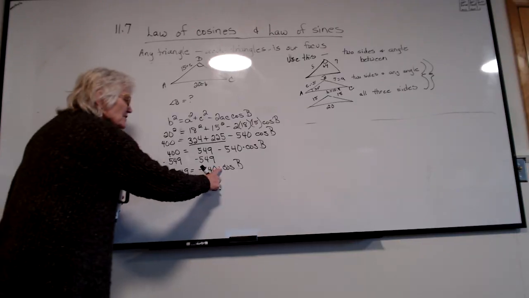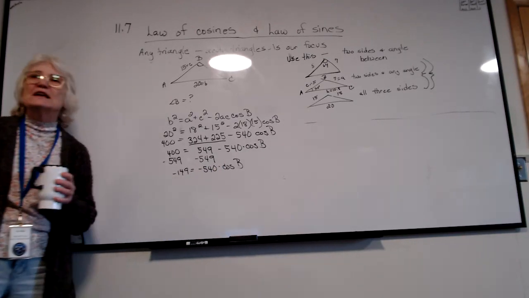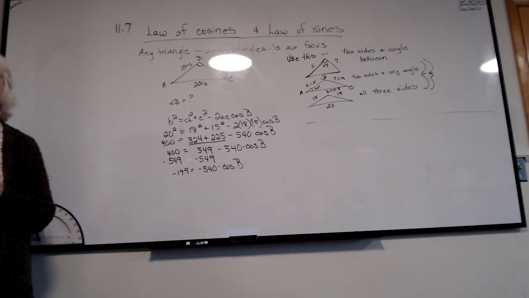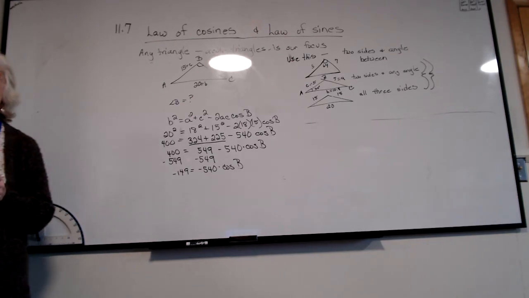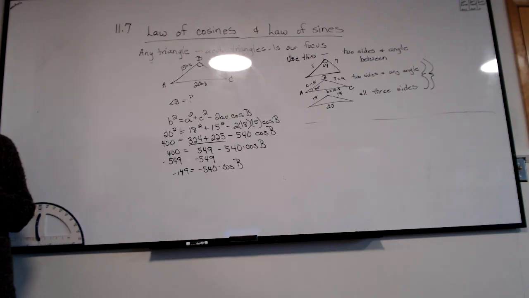This is multiplication. To undo the negative 540, what do I do? How do I get rid of negative 540?